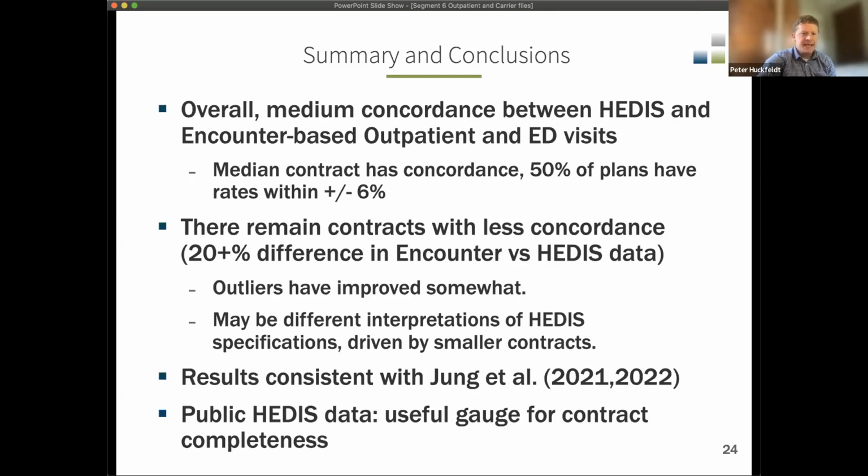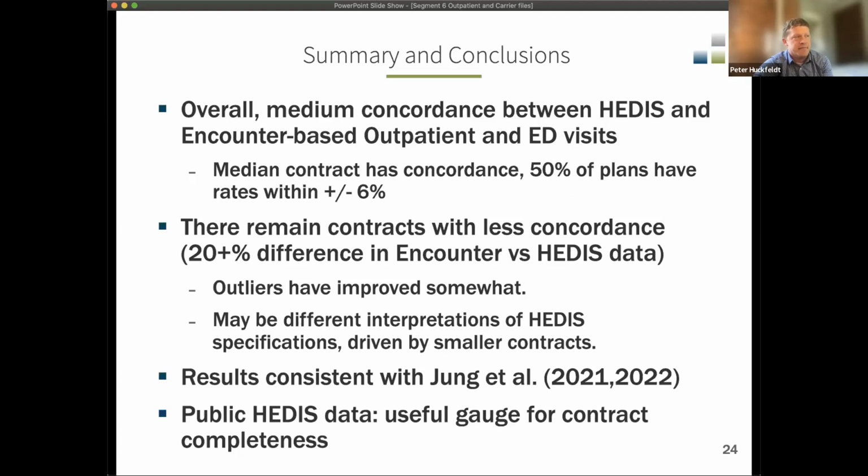And I think the key takeaway as a user of Medicare Advantage encounter data is that these public HEDIS files are a useful gauge for determining whether contracts are complete.